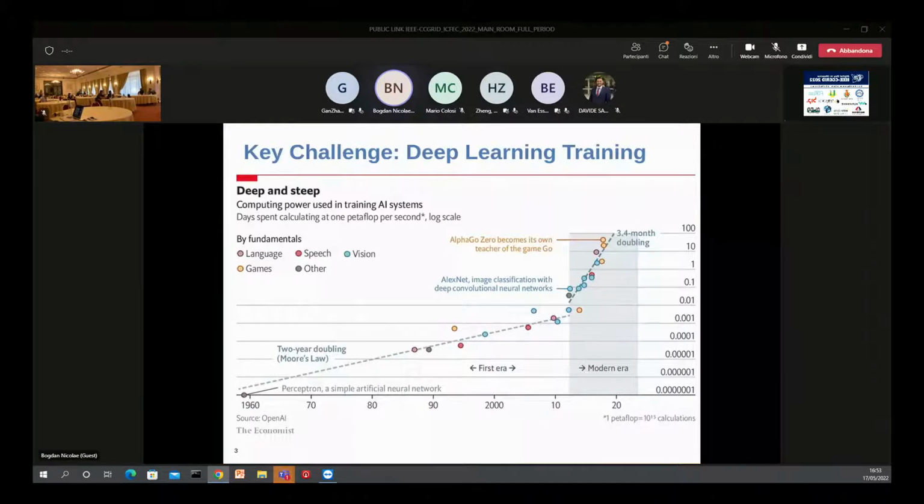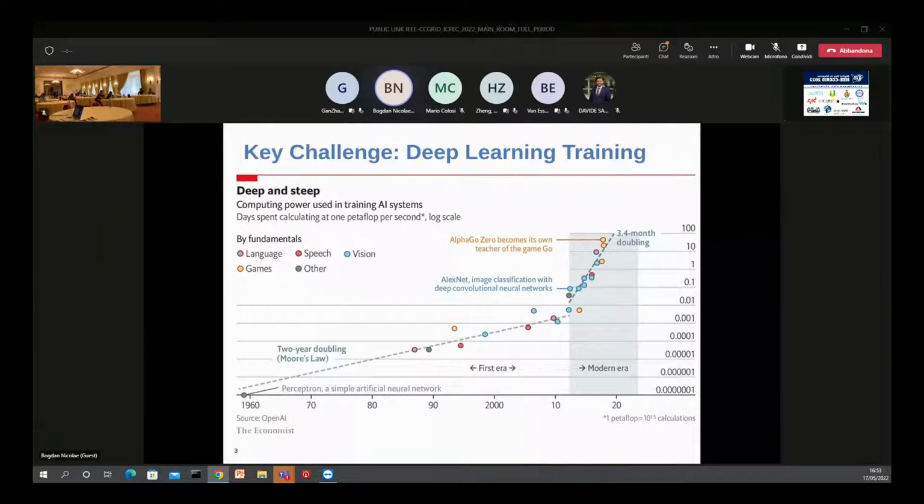One of the key challenges in AI, and in particular deep learning, which is the flavor of AI we are mostly interested in for HPC, is the fact that the training is very costly, right? On this chart that you may be familiar with, up until 2012, you can see that there was a relatively shallow growth of deep learning.